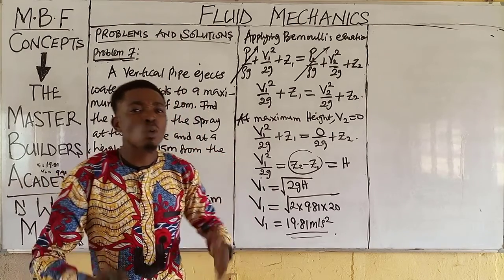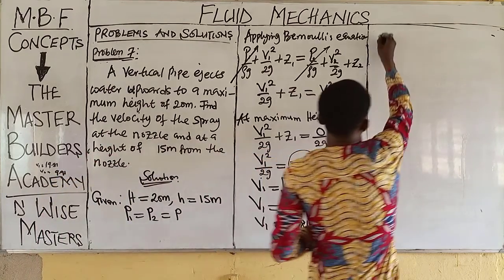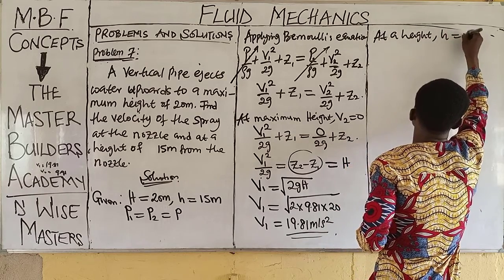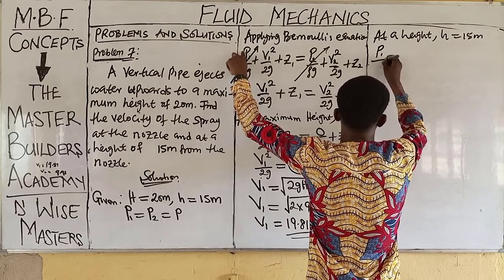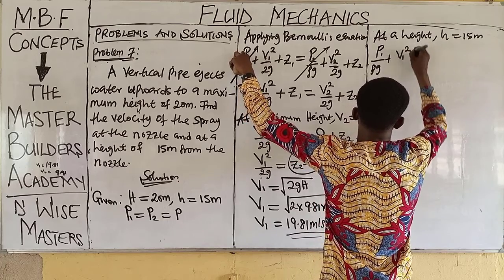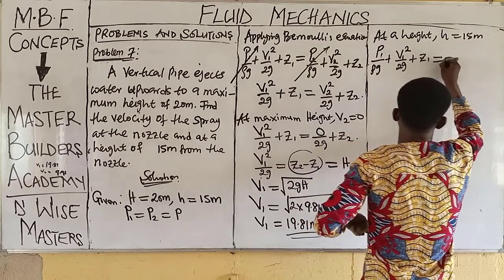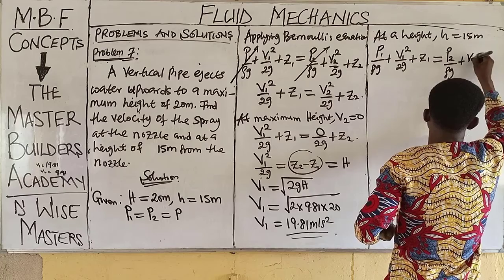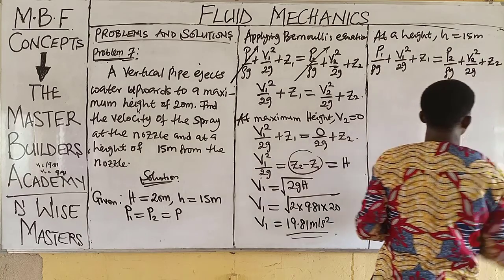We are equally going to apply Bernoulli's equation. Now, at a height h equal to 15 meters, applying Bernoulli's equation, we still have p1 over rho g plus v1 squared over 2g plus z1 is equal to p2 over rho g plus v2 squared all over 2g plus z2.